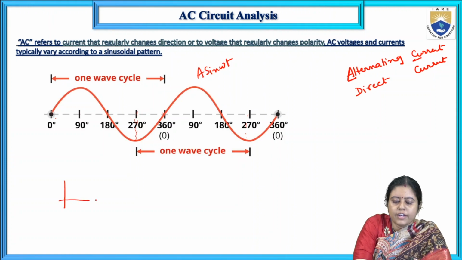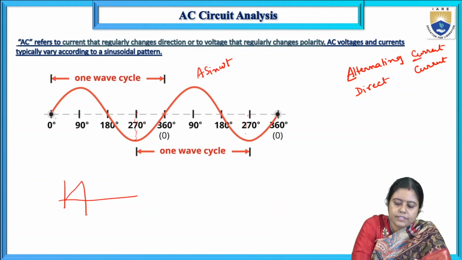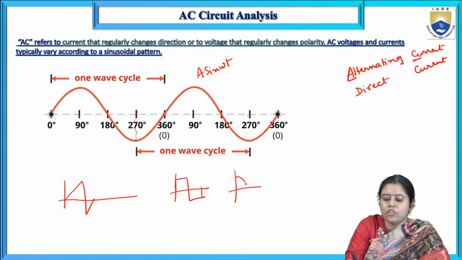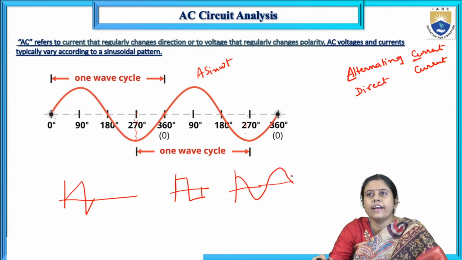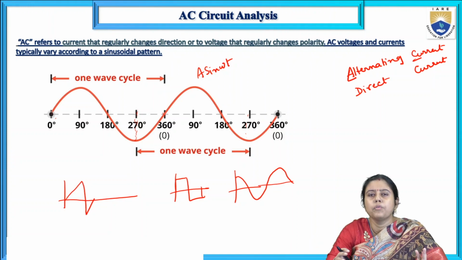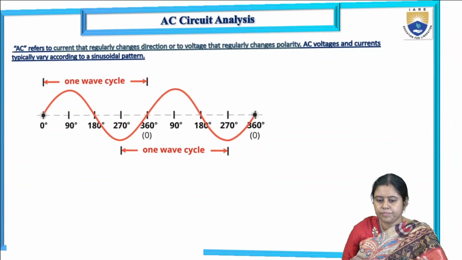Except for the sinusoidal, the AC may be triangular, the AC may be cosine. So AC means alternating current, where we are alternating the polarity. The equation may be anything which has the alternating quantity, but here we are using only the pure sinusoidal.